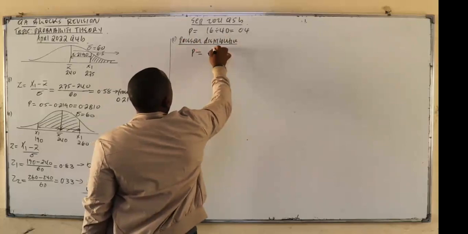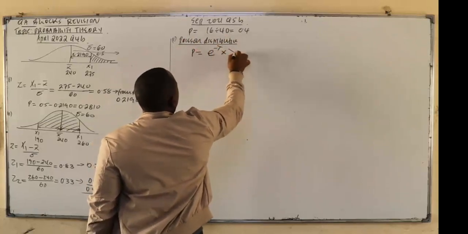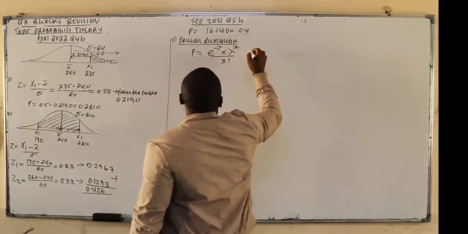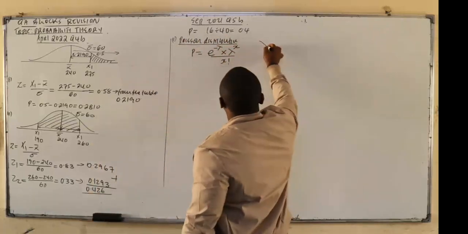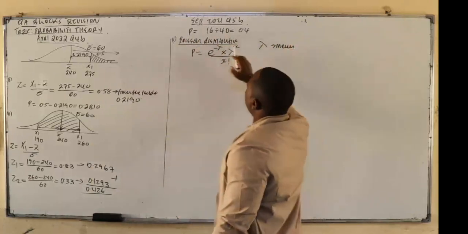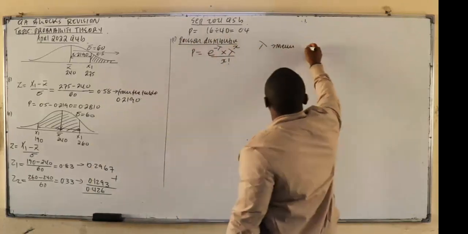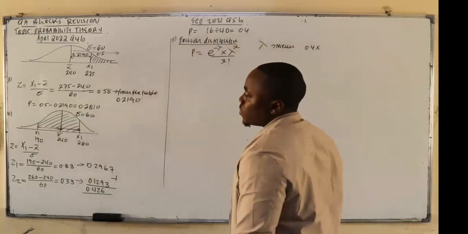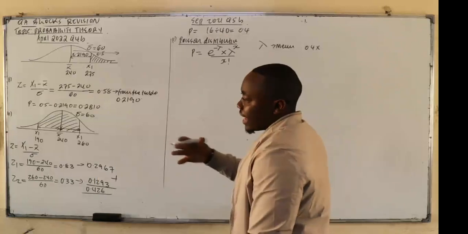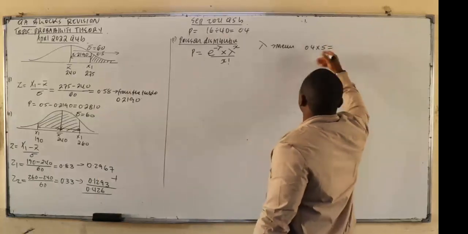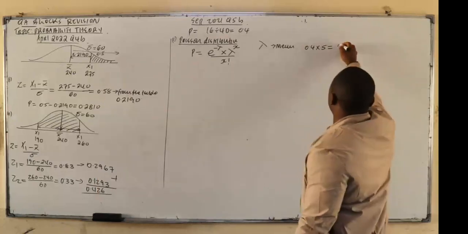Probability is exponential raised to power negative lambda times lambda raised to power x over x factorial, where lambda is the mean or the average occurrence. Now, the probability of having a defective is 0.4. And we have picked 5 bolts. So what's the mean or the average? So 0.4, you multiply by 5. So that means the mean occurrence will be 2.